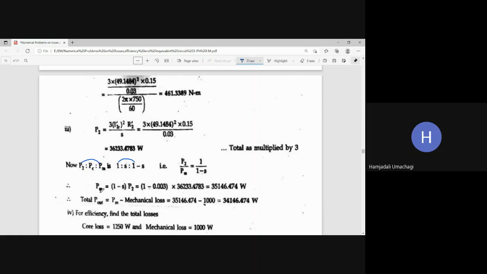So the gross mechanical power is 35,146.474 watts.